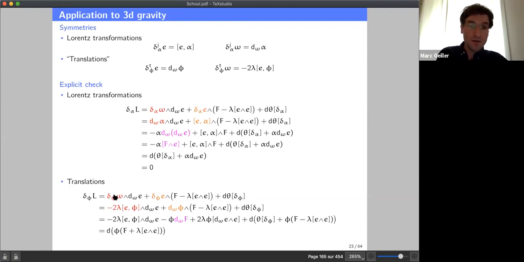You see that in the case of translations, this is a bit analogous to what we did in metric general relativity yesterday. This is true because it involves the Bianchi identity, which says that the covariant derivative of the field strength is identically vanishing. Okay, so we just checked that these two transformations are symmetries.